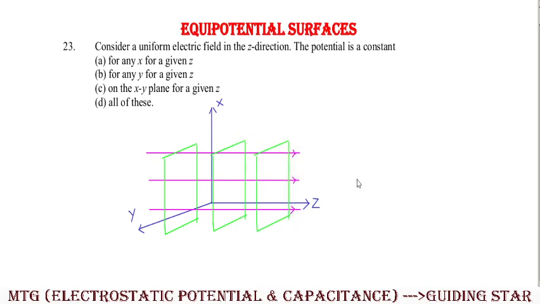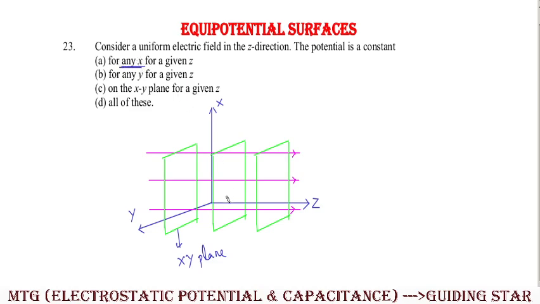Okay, so these are the plane surfaces in xy plane. Clear? So these are equipotential surfaces. Here what the first option is saying is that for any x for a given z, that means potential is constant for any x. Potential is constant at any x for a given value of z.